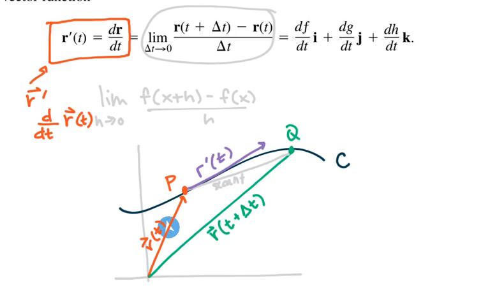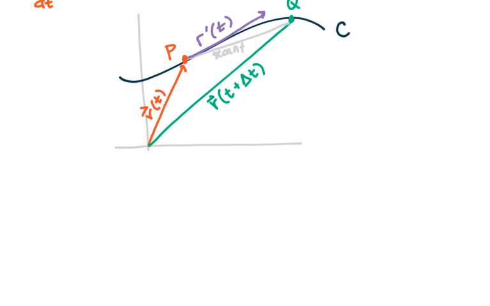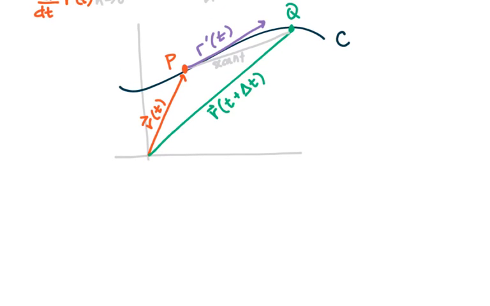So right here, where r of t touches our curve C at point P, we have that tangent vector coming off, right? It's always going to be pointing in the direction of that increasing parameter. So, we can state this definition a little more simply.